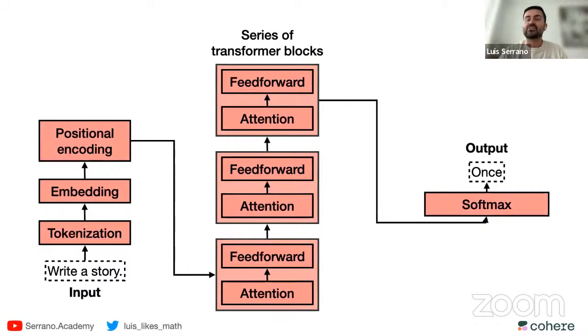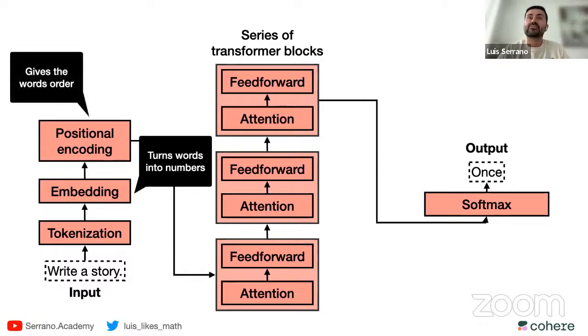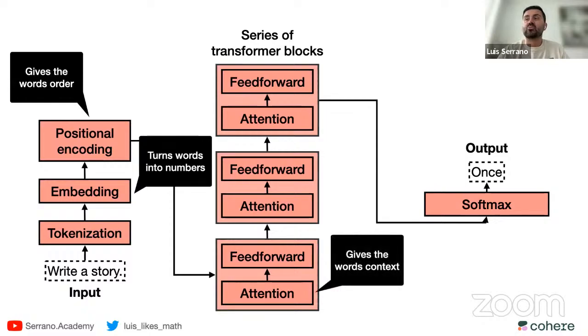And that's the architecture of a transformer. So let's just do a little recap. Well, tokenization is easy. Embedding turns words into numbers. Positional encoding gives the words order. The attention gives the words context, so that for words that can be used in two different ways, the model knows which one you're using.